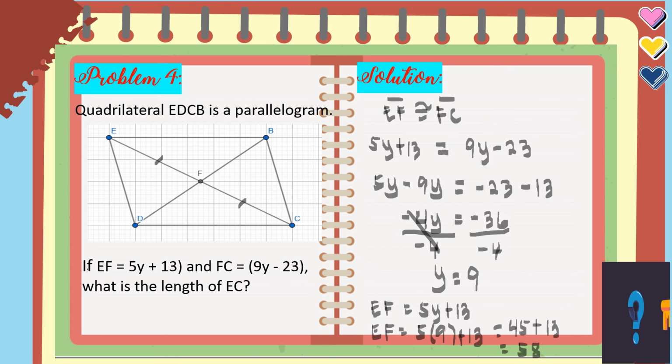So since EF is 58 units and EF is congruent to FC, therefore FC is also 58 units. So therefore, the length of EC is equal to 2 times 58, or that is 58 plus 58, and that is equal to 116 units.